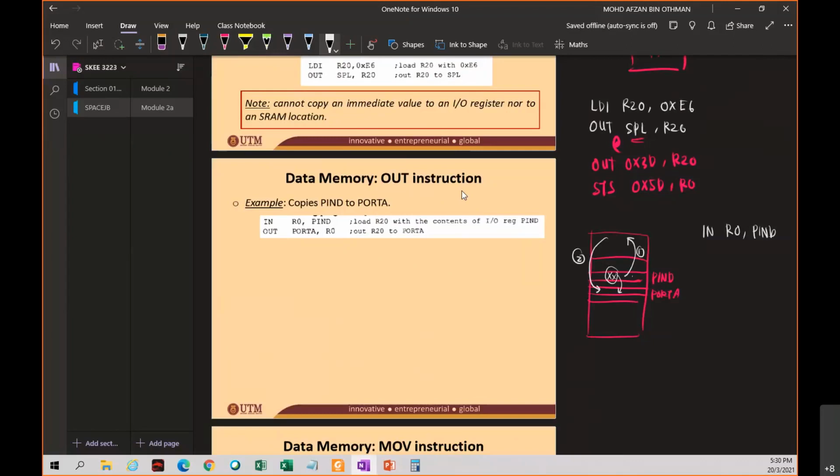Value from pin D akan disimpan dalam R0. From this R0 barulah kamu boleh masuk ke dalam port A by using the out instruction. So out PORTA, R0.